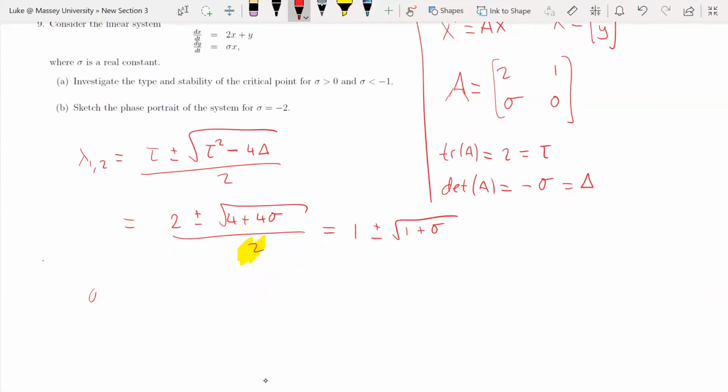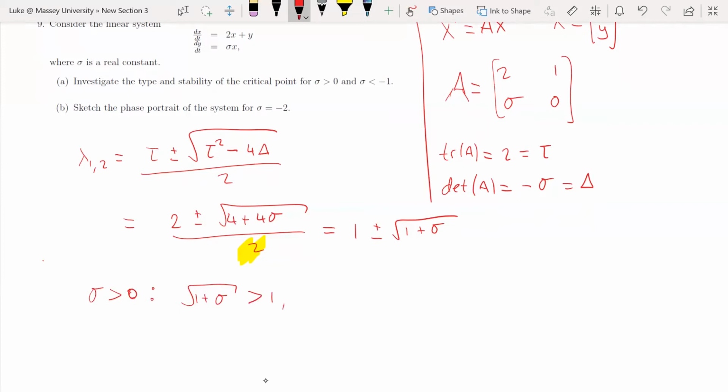So for sigma greater than 0, this square root here is going to be positive. So 1 plus sigma, if sigma is greater than 0, is going to be positive, so we're going to get real solutions. And not only that, but for sigma greater than 0, the square root of 1 plus sigma is greater than 1.